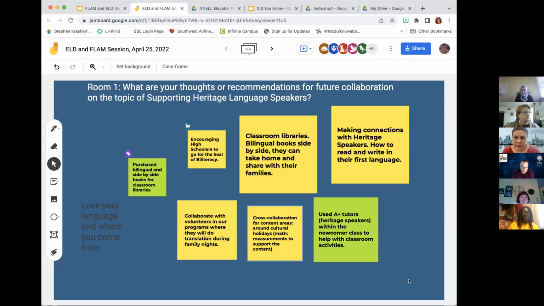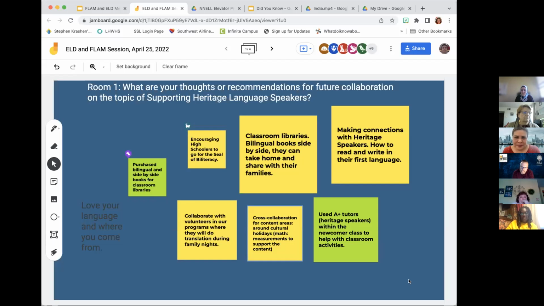I think Ms. Bates was saying something she wants to see is more cross collaboration for content areas around cultural holidays, around maybe math measurements to support the content. We talked about using A+ tutors or heritage speakers with newcomers to help with classroom activities.